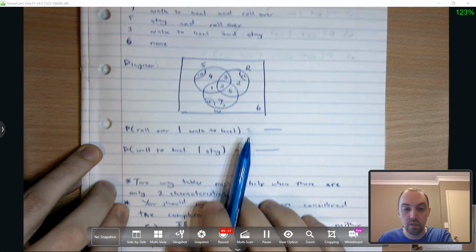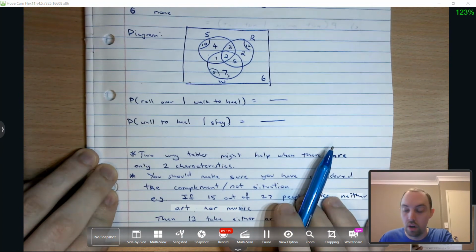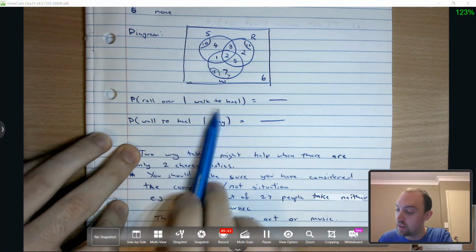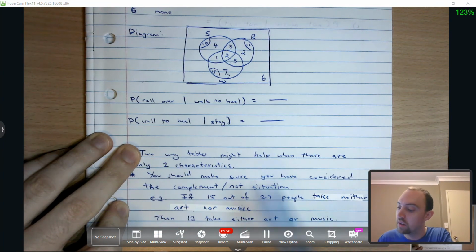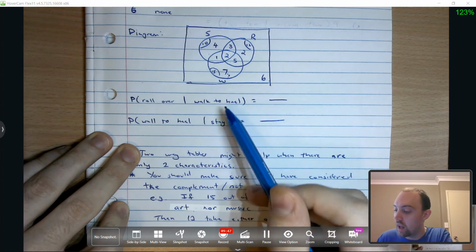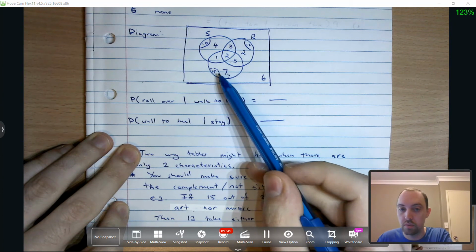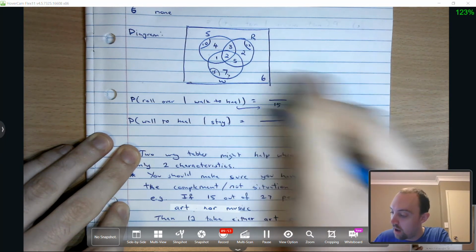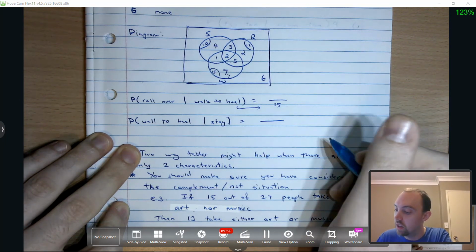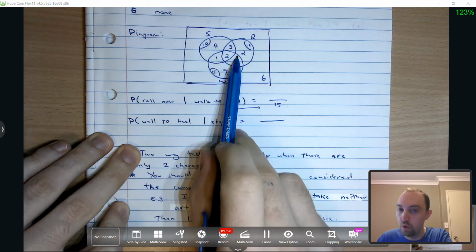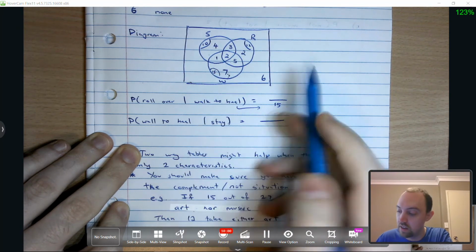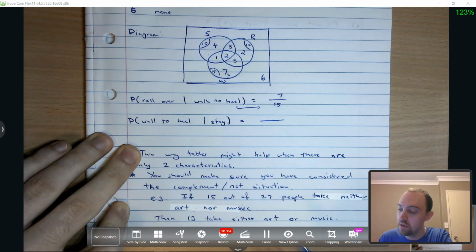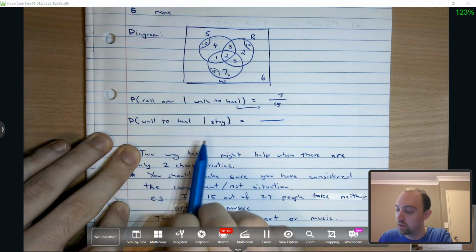So, do a couple questions here. We've got probability to roll over given that they walk to heel, sorry, not and. So how many can walk to heel? Well, it's indicated here, 15. Out of the 15 that can walk to heel, how many of them can also roll over? Roll over is that intersection there. So that's 7. So it's roll over and walk to heel.